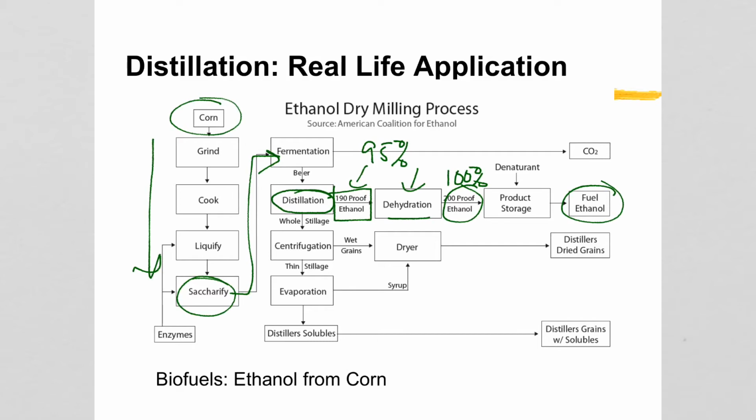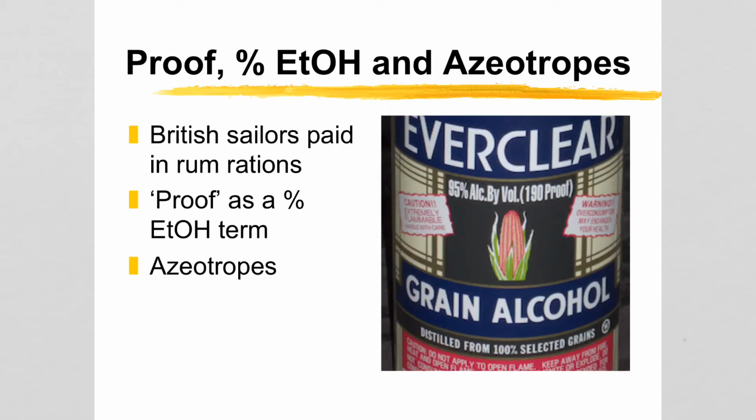So where does this proof terminology come from? Well, just real quickly, the idea of proof comes from the fact that British sailors back in the 1800s were paid in part in rum, so that was part of their rum ration.